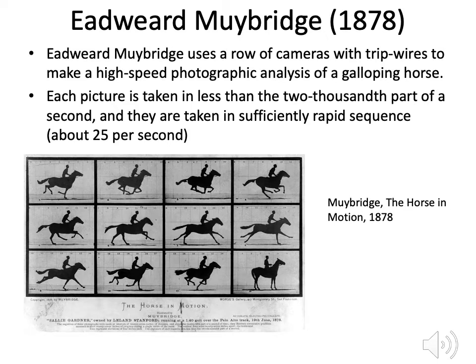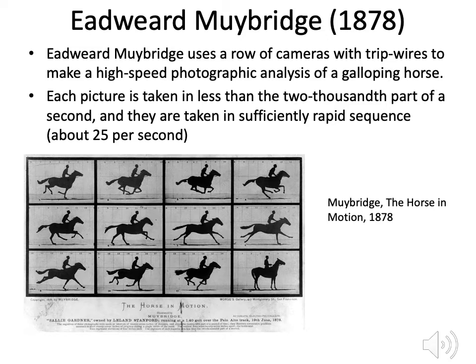Edward Muybridge in 1878, he uses that multiple lens camera setup, but in a different way. He uses a row of cameras with tripwires to make a high-speed photographic analysis of a galloping horse.